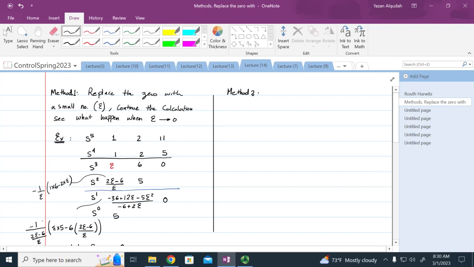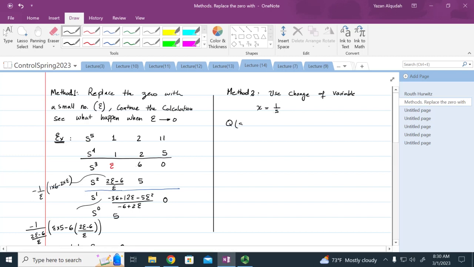And the second method, what we're going to do is we're going to change variable. So instead of having the polynomial expressed in terms of s, we're going to express it in terms of x that is equal to 1 over s.